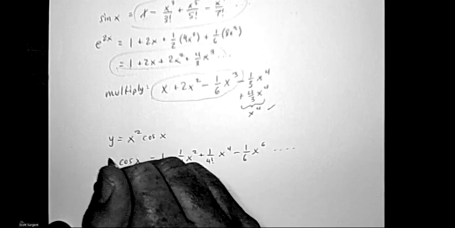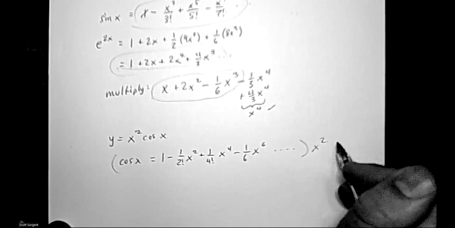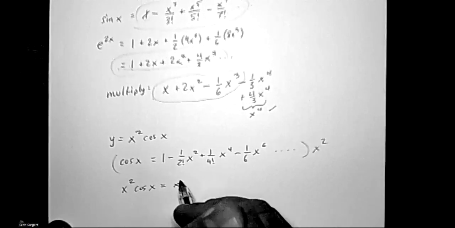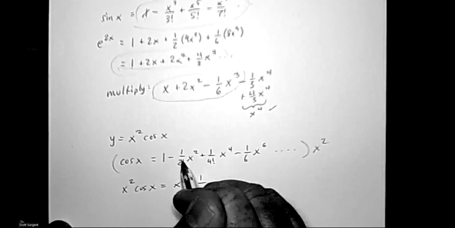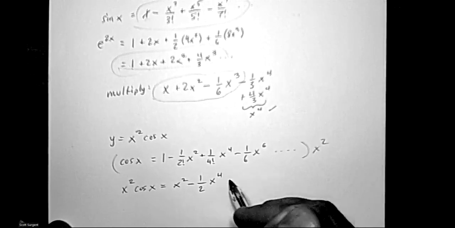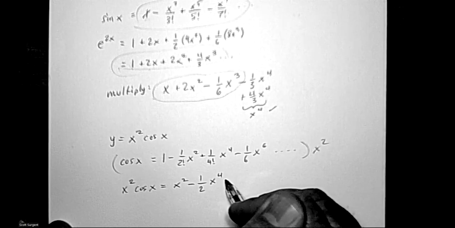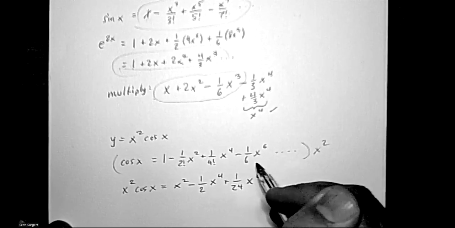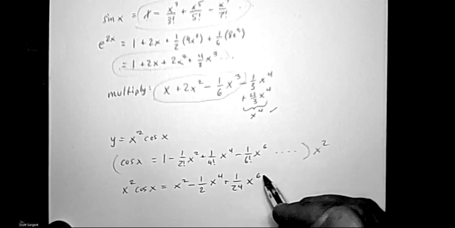All right, so we just multiply everything by x squared, and suddenly x squared cos x is just going to be x squared, take away 1 over 2, x to the fourth. This is 1 over 24, x to the sixth, and this is what, factorial, my bad, 720.